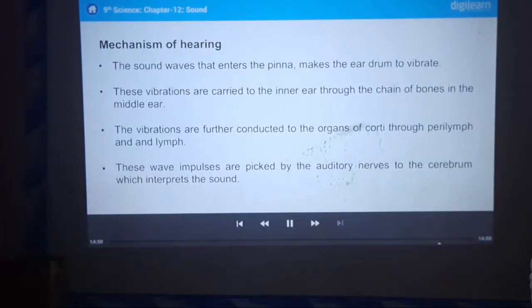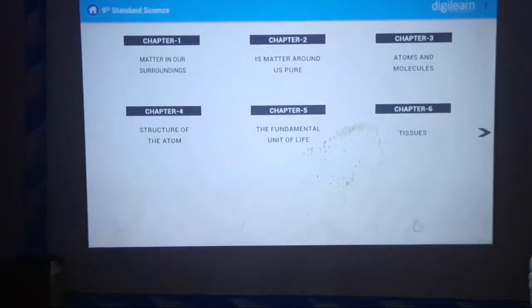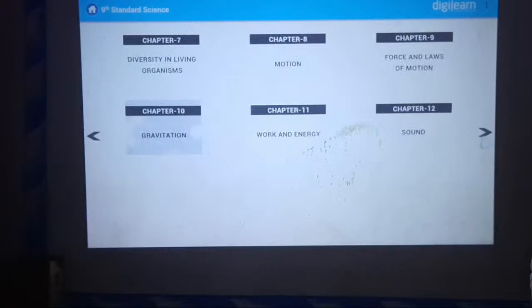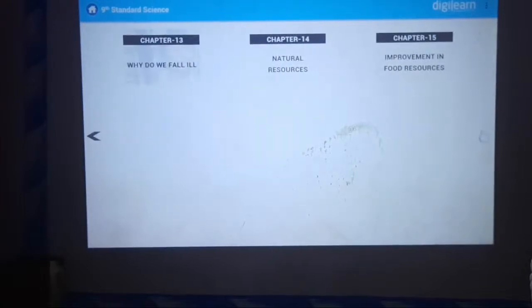Okay, till now, we completed the chapters on physics: motion, force and laws of motion, gravitation, work and energy, and the last chapter, sound. We completed physics.